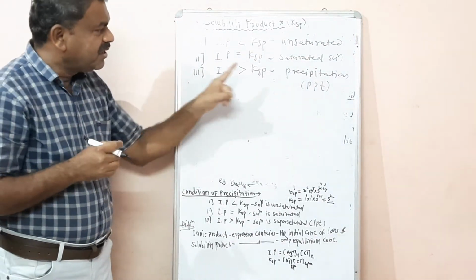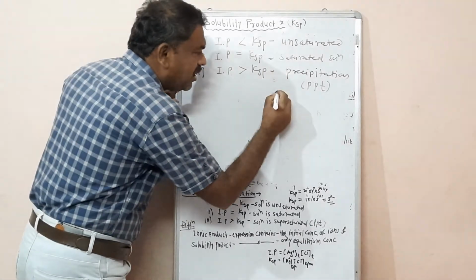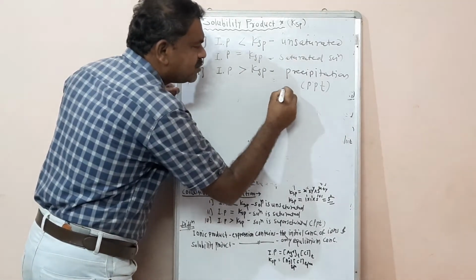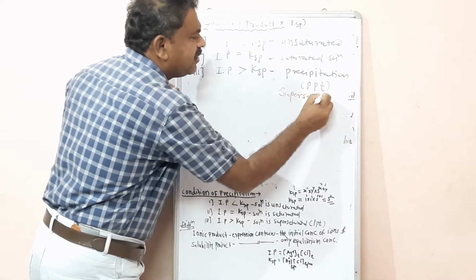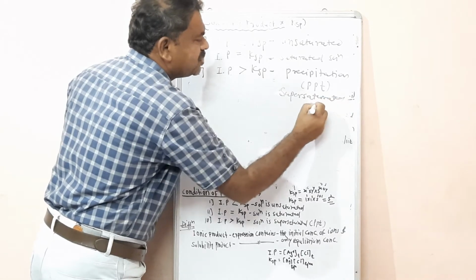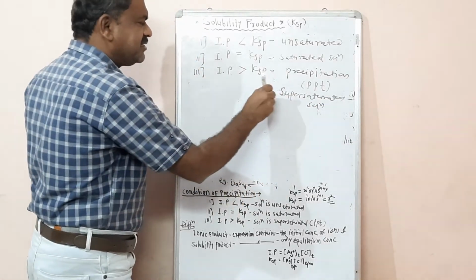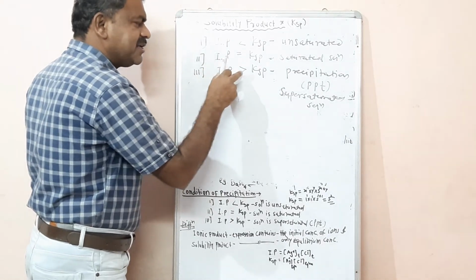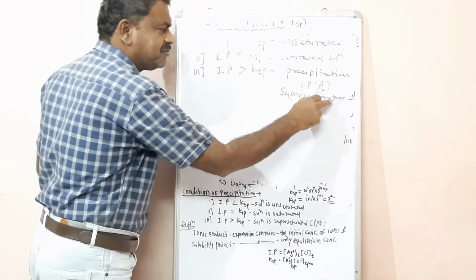That is also called a supersaturated solution. In a supersaturated solution, the ionic product is greater than the solubility product.